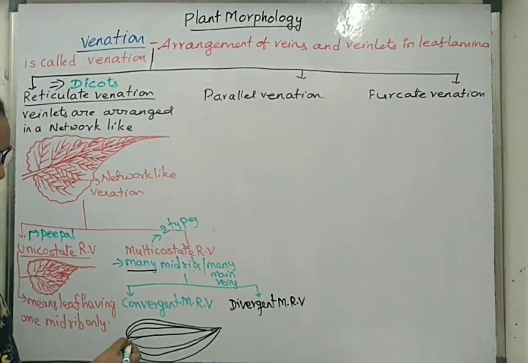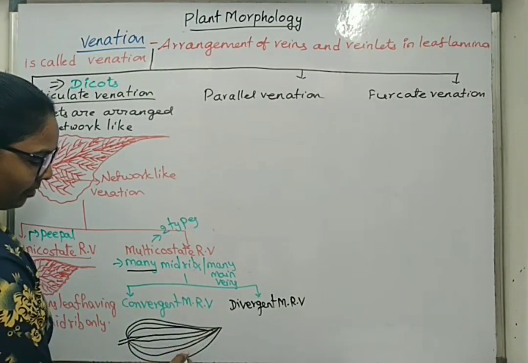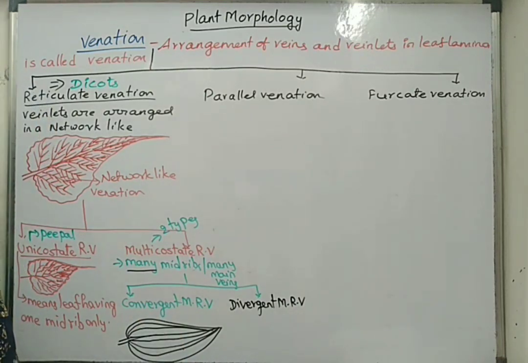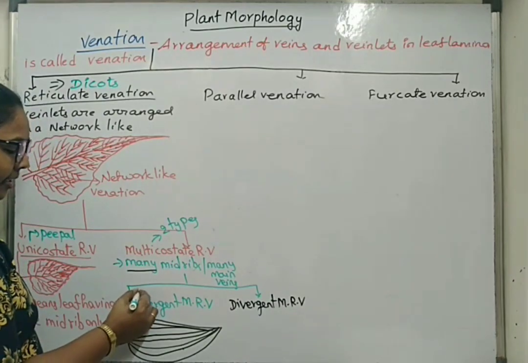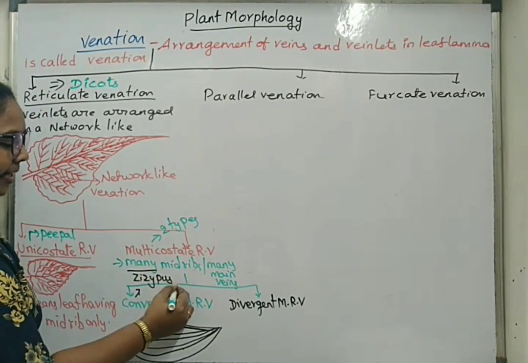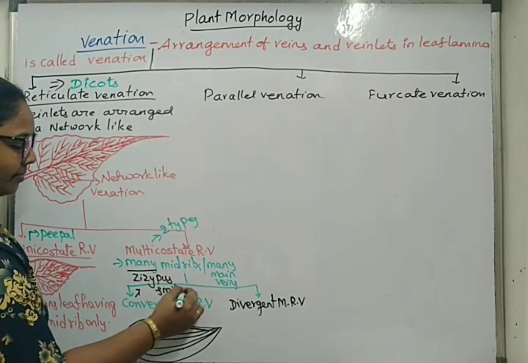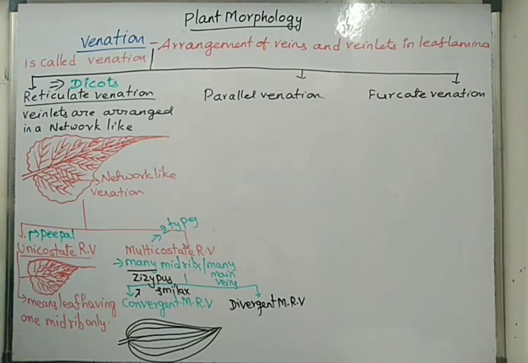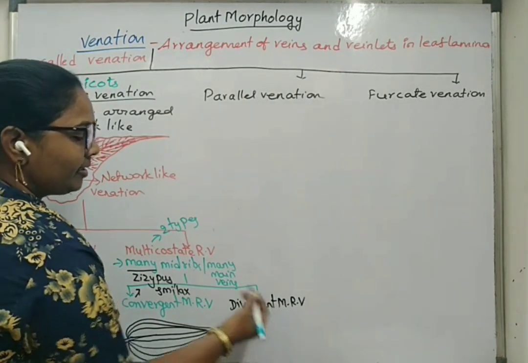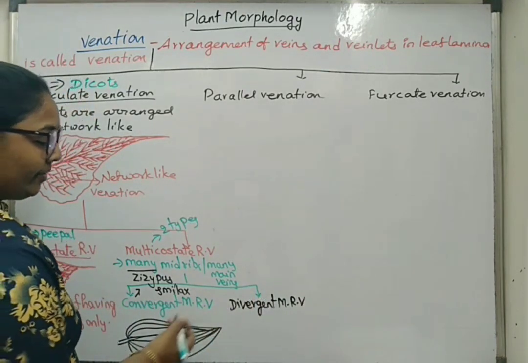So totally here in this diagram, we have seen 1, 2, 3, 4, 5, 6 number of midribs here. So example under convergent, Ziziphus and Smilax.